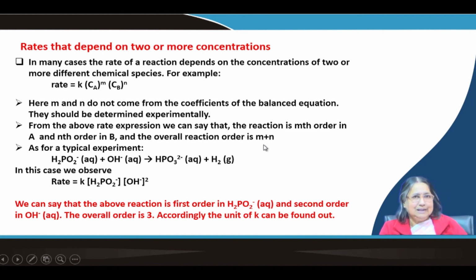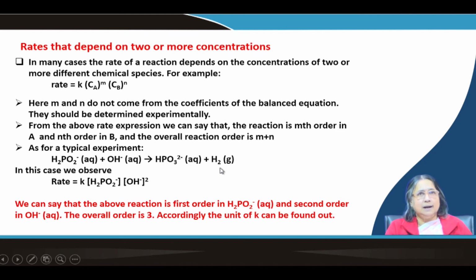A very nice example here is the reaction of H2PO2 minus and OH minus in aqueous phase to give HPO3 2 minus and hydrogen, which is a gas.